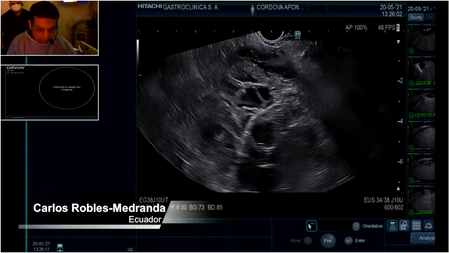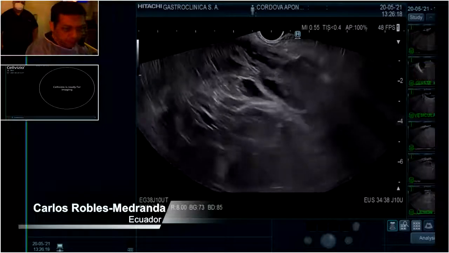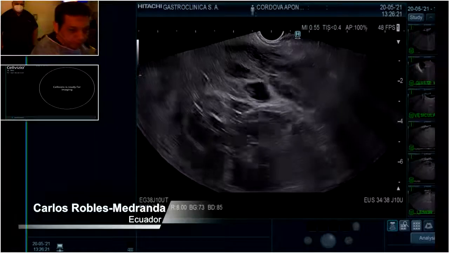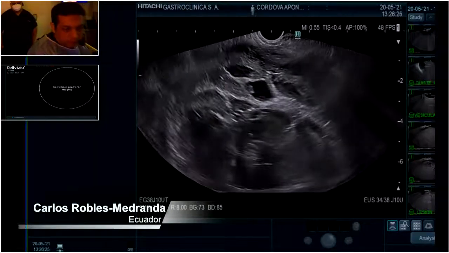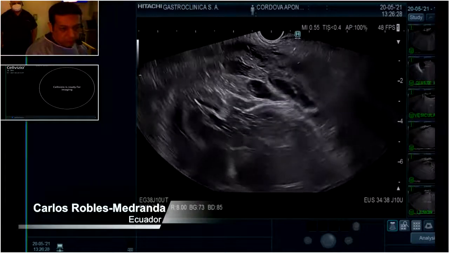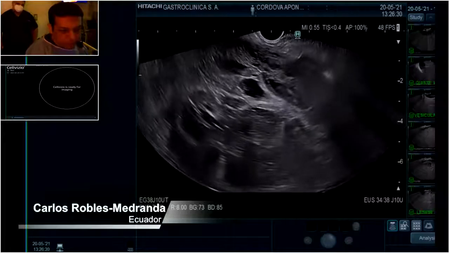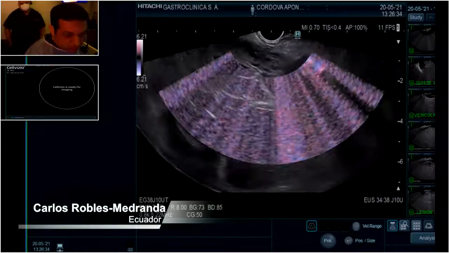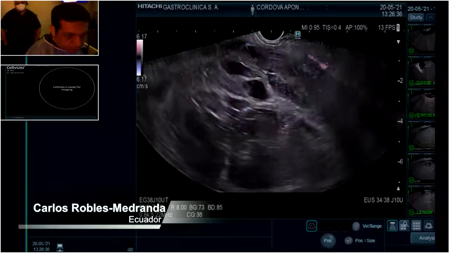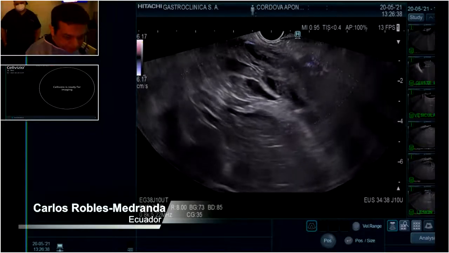She needs to have cholecystectomy in spite of this. So what are the probabilities? And it is very important to evaluate a lot of aspects inside the cystic lesion.